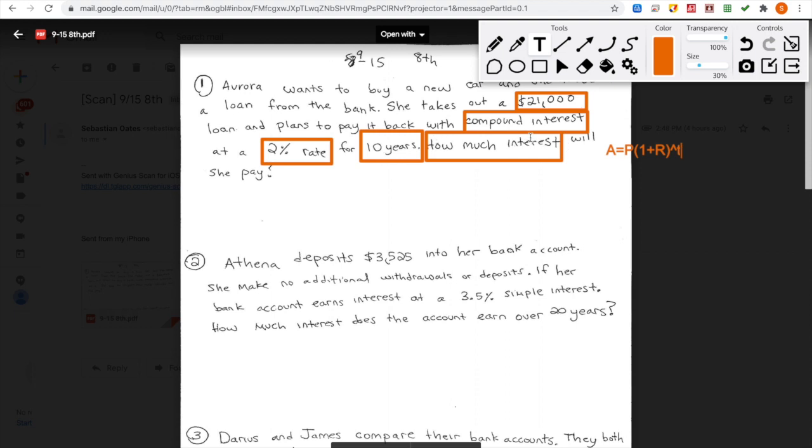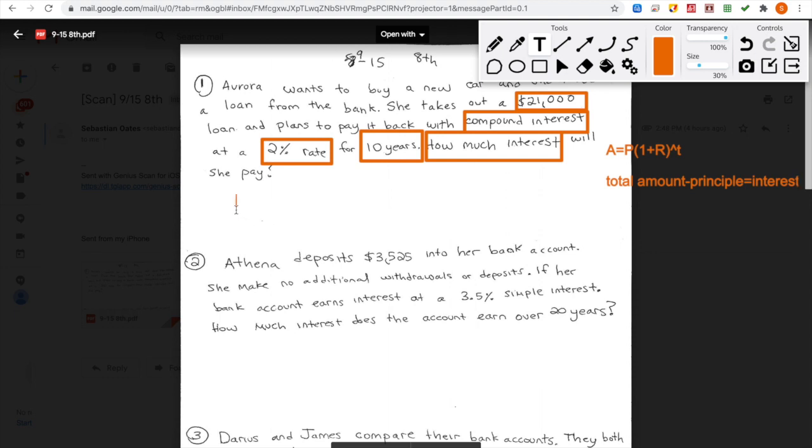So if we have our total amount and we're just looking to see how much it went up, once we're done finding the total amount, we're going to subtract the principal. We're going to take away how much we started with, and that will leave us with only the interest. So we're going to follow these steps.